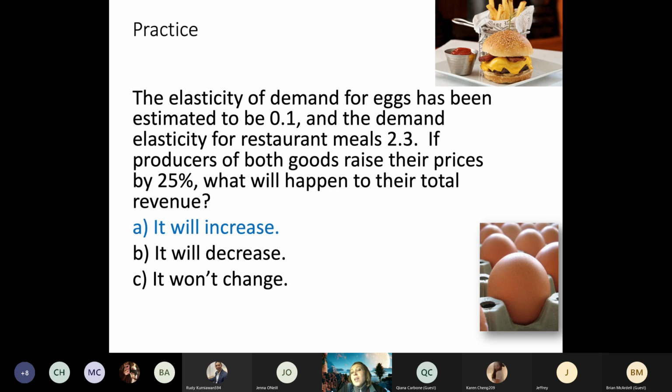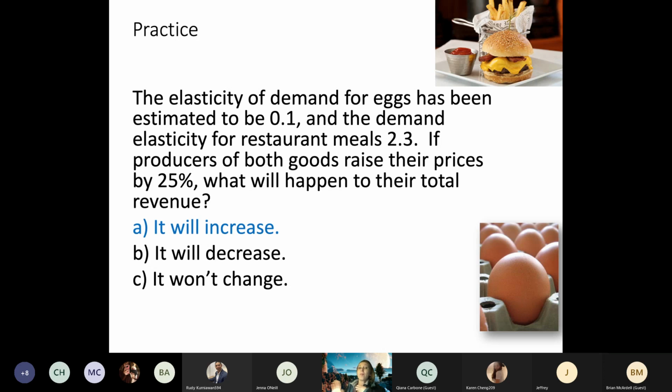But for restaurant meals, the story is different. We'll increase the price by 25%. And what it tells us is that 2.3 times 25% of people will drop out of the market. Your total revenue will actually go down. That's true in general for restaurant meals, but you could have different elasticities for different restaurants within it.